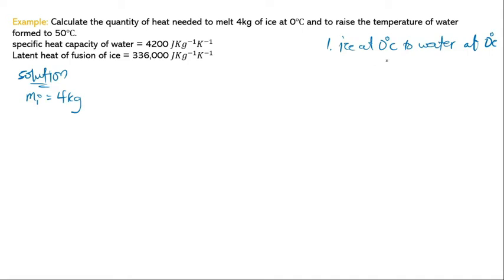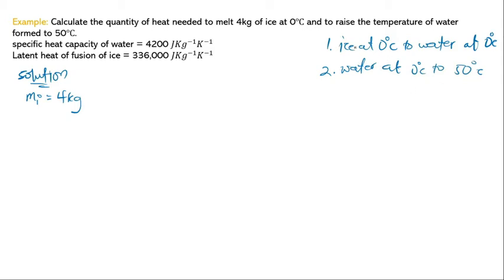Latent heat of fusion is applied in the first case. After that, we need to convert the water at 0 degrees Celsius to 50 degrees Celsius, and this is our normal calculation. So these are the two transformations that are going to take place.